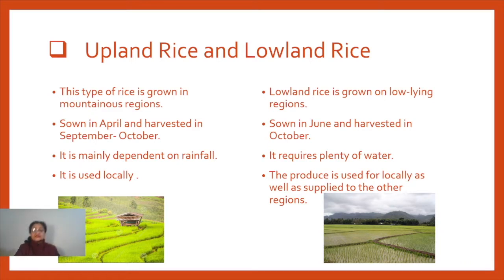This is the reason this type of rice, upland rice, is dependent on rainfall. As compared to this, if you come to the other side, lowland rice, its cultivation is done in the plain areas, so its dependence is also on irrigation facilities.